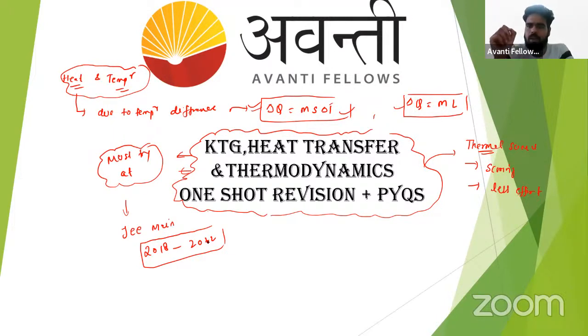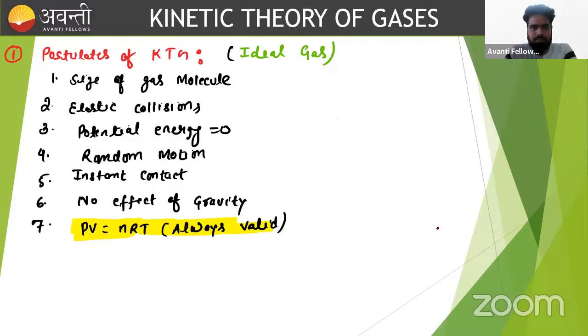All the important concepts and formulas that I discuss in class, there is no need to note down during the class, because all the notes and recorded lectures will be provided in your WhatsApp group. So there is no need to worry. During the class, you have to listen consciously and focus on the concepts I discuss. Okay, so let's start.